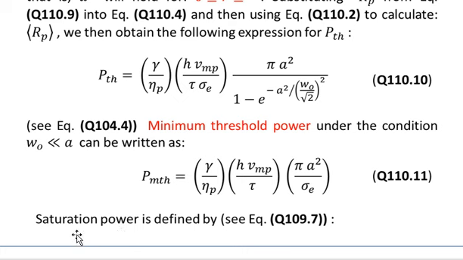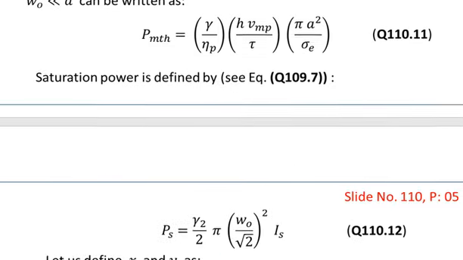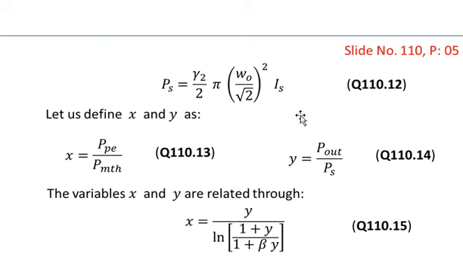Now we can say that the saturation power is defined as given in equation number, slide number 109.7. From that, I have taken the expression of saturation power, which is listed over here as equation number 12. So PS is the saturation power and has this expression: gamma 2 divided by 2 multiplied by the area of the beam, which is pi r square.